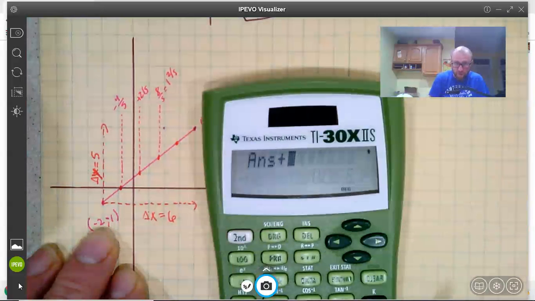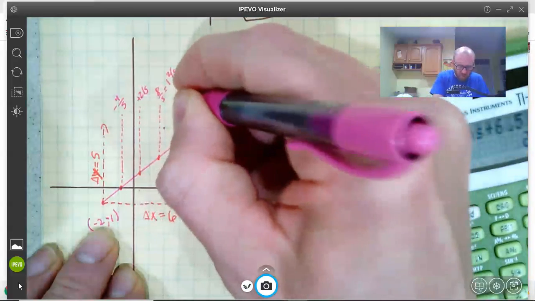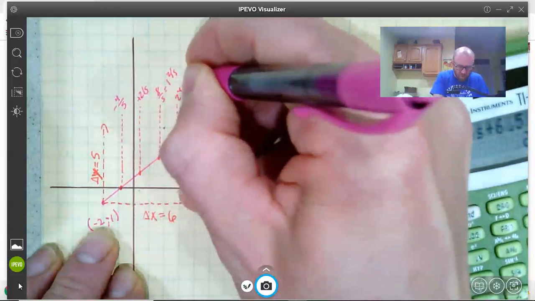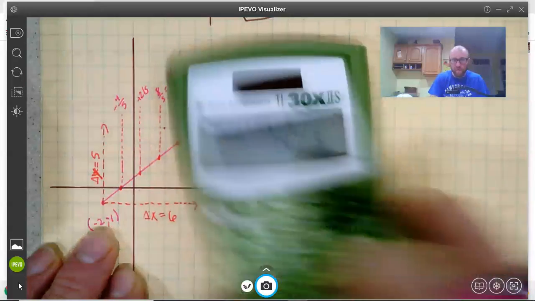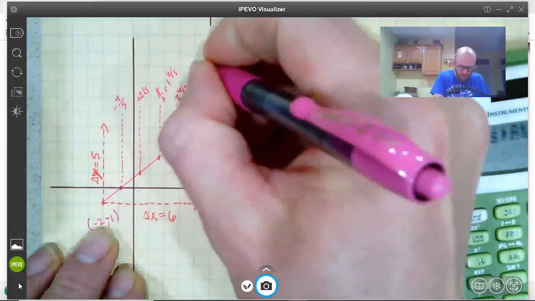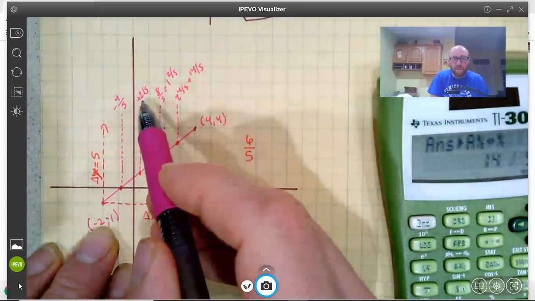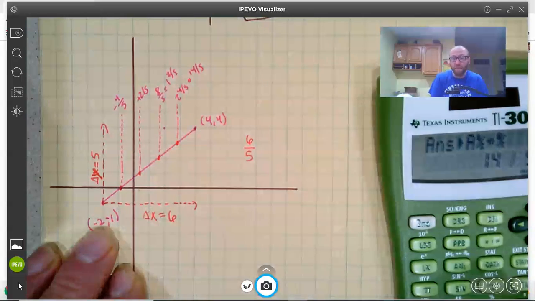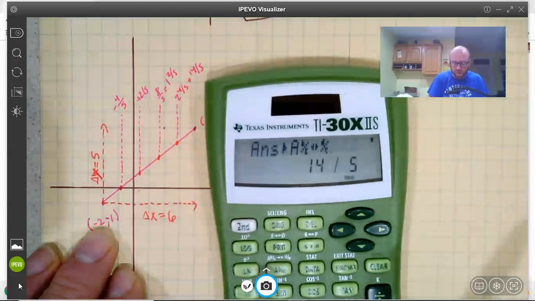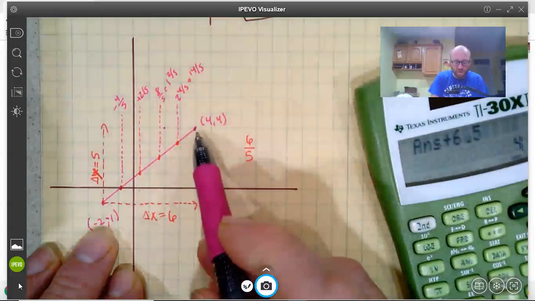Plus another 6/5 gives us 2 4/5, or that's also the same as 14/5. And notice if we keep them as improper fractions, it's 2/5 to 8/5, 2 to 8 plus 6, 8 to 14 plus 6. And then finally we add 6 more fifths and we get 4, which is the x coordinate for right here.